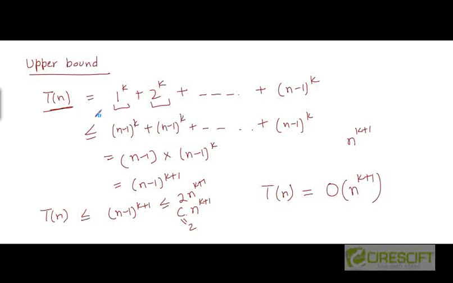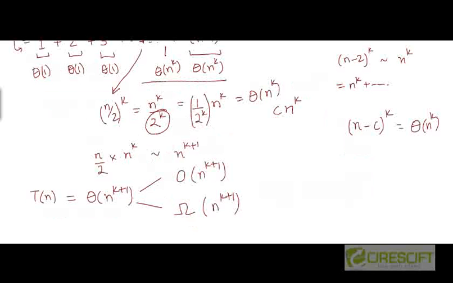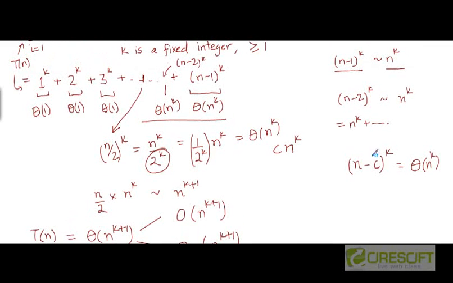Now let's try to show that n to the power k plus 1 is also a lower bound on T(n). And to do that, we're going to again draw some hints from where we were exploring individual terms of the series. We saw that starting from the middle term, or maybe even a few terms before the middle term, we don't know, let's just ignore that, but at least focusing on the right half of this series, every term here has an asymptotic complexity of n to the power k.